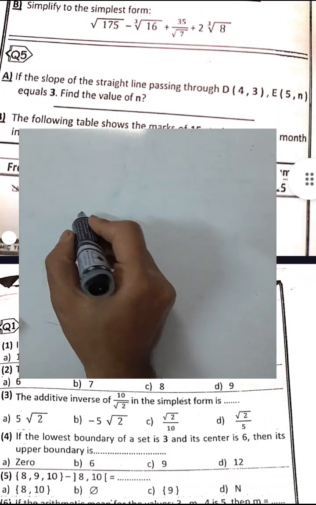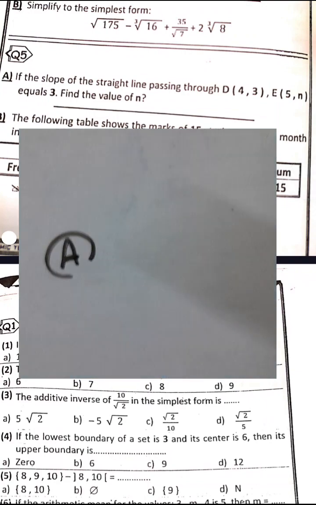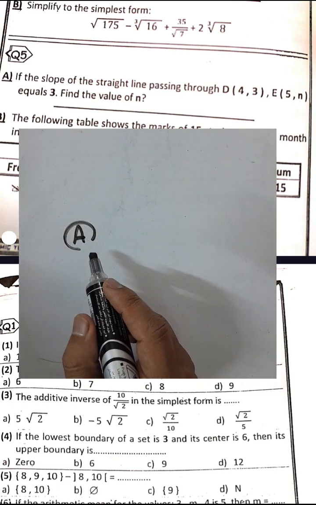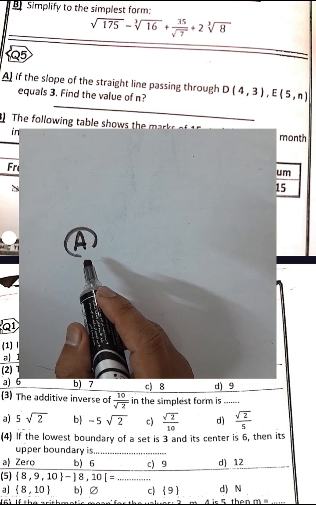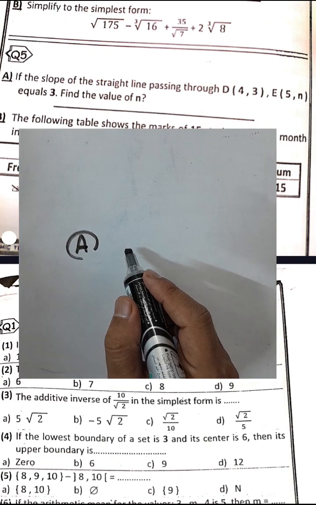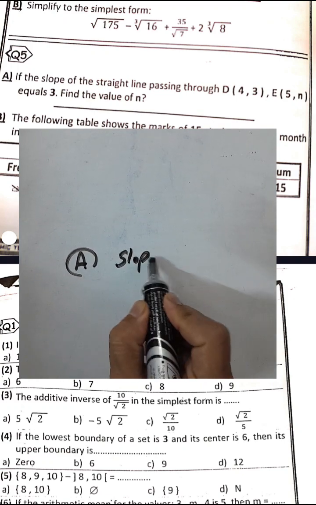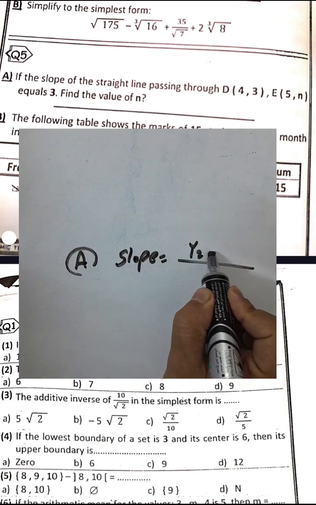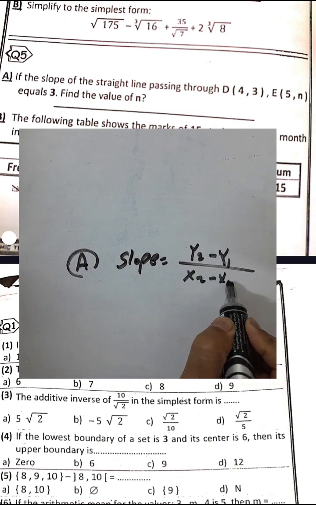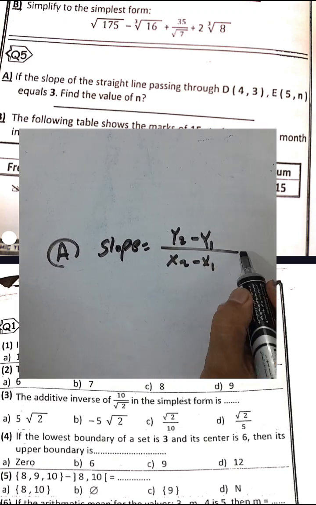Question number 5, letter A. If the slope of a straight line passing through the points D and E equal 3, find the value of n. We can find the slope by using the rule y2 minus y1 over x2 minus x1, and they give us the slope equal 3.